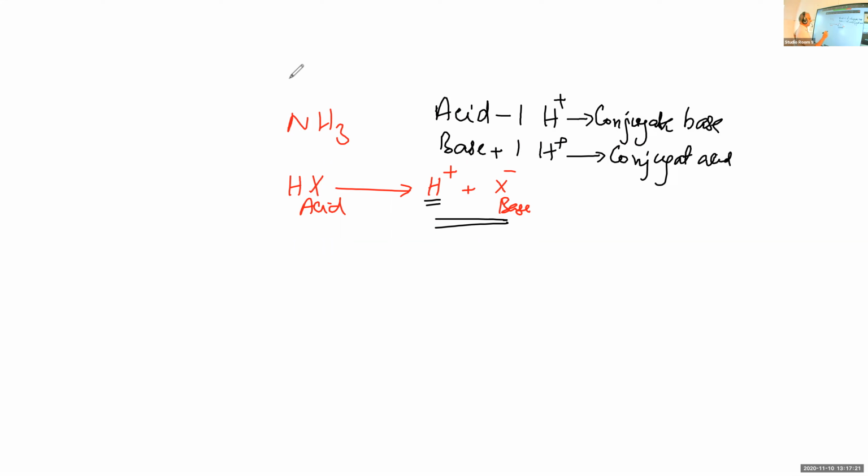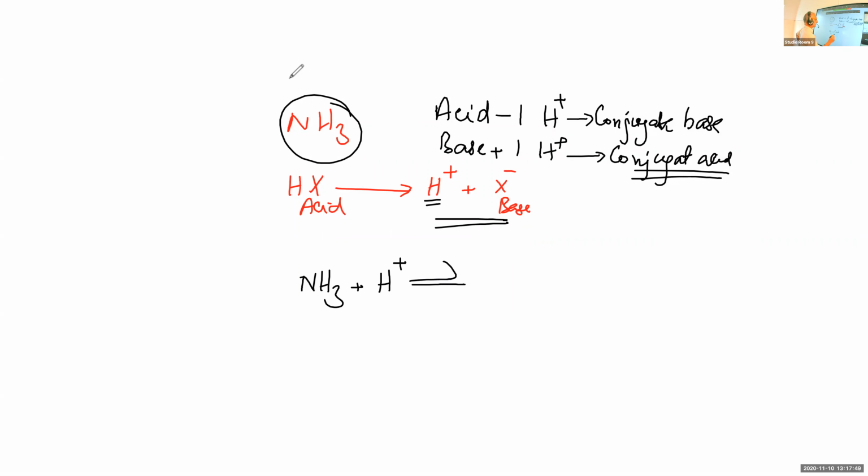For example, you take NH3. How do you get the conjugate acid? You must add one proton to that. So NH3 plus one proton, H+.